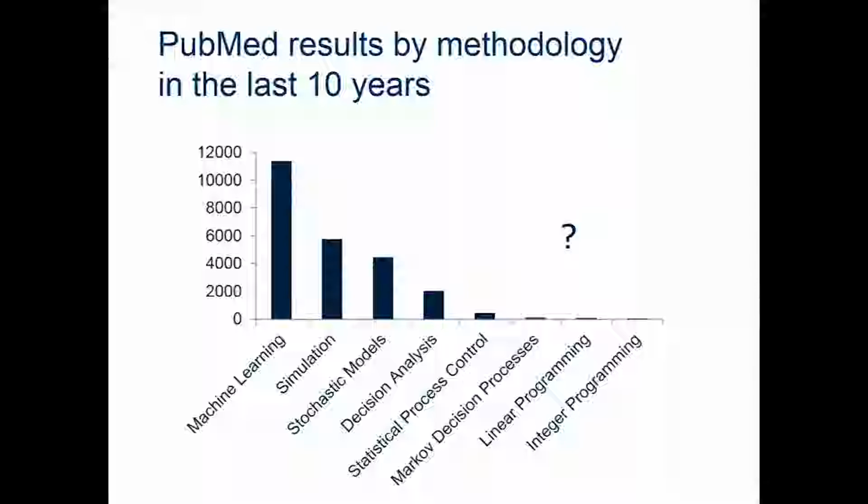I spent a long time on this. I don't claim that my keywords are perfect, but I'm fairly comfortable with the relative levels here. You see a lot on the left side. I would say that's predictive and descriptive analytics, if you like those terms. Lots of machine learning.